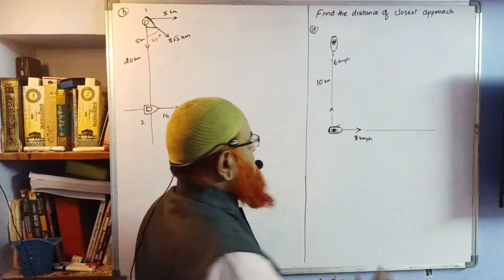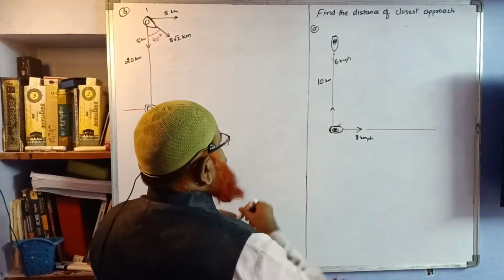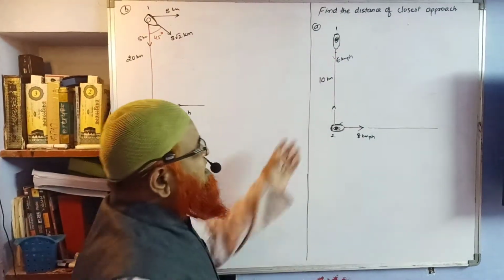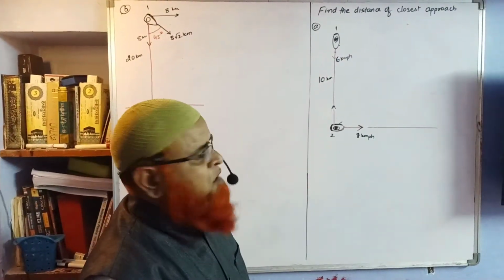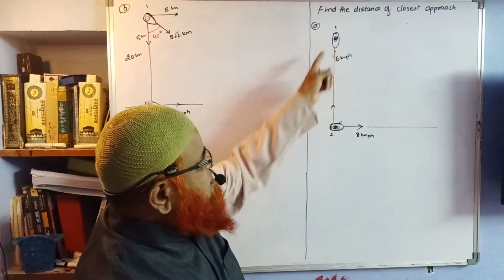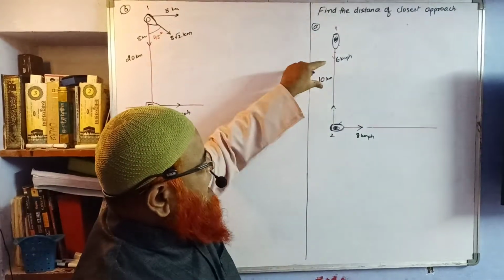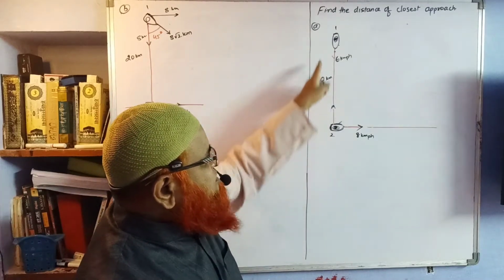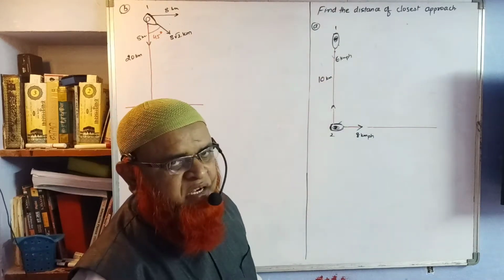If you observe, there are two boats. This is boat 1 and this is boat 2. Or you can take ship 1 and ship 2, or whatever it may be. These two boats or ships have a distance of 10 kilometers between them.